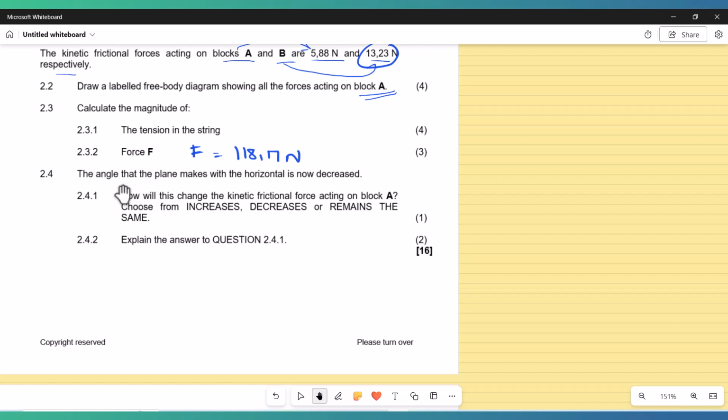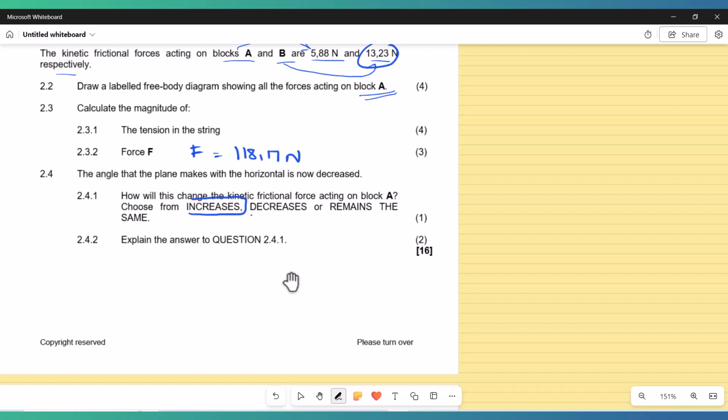Now guys, here the answer is going to be decrease. I mean, it's going to be increase, sorry, it's going to be increase here.